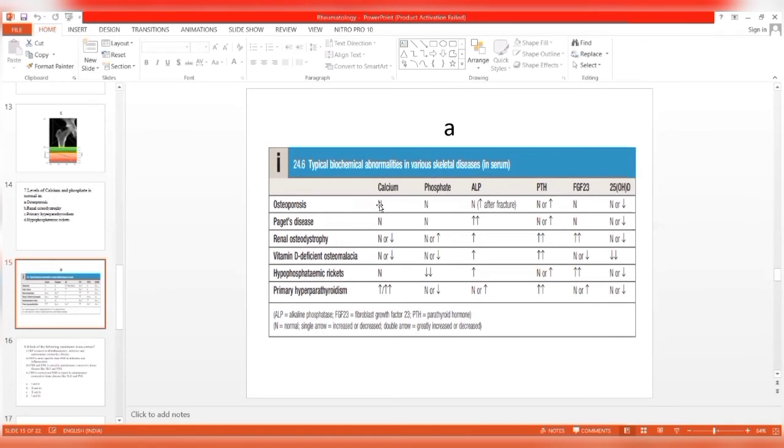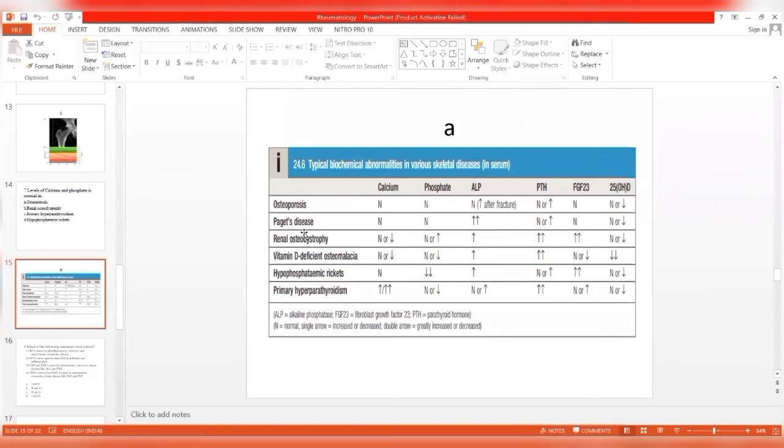In osteoporosis, calcium is normal, phosphate is normal, and alkaline phosphatase, ALP, is normal but increased in fracture. Parathyroid hormone is normal or increased, and you leave this. Vitamin D is normal or reduced. You be careful with these three things. Osteoporosis: calcium and phosphate are normal, ALP is normal or increased after fracture.